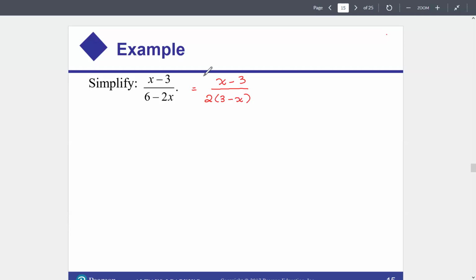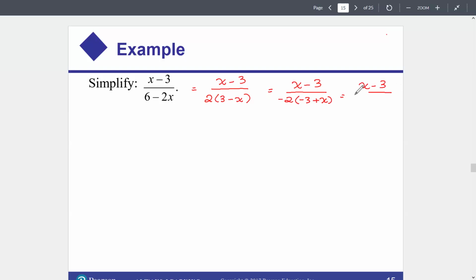So what I could do in the bottom is, instead of factoring out just 2, factor out negative 2. So now instead of having 6, if I divide by negative 2, that's a negative 3. Negative 2x, if I factor out that negative 2, it's just going to leave me with a plus x.